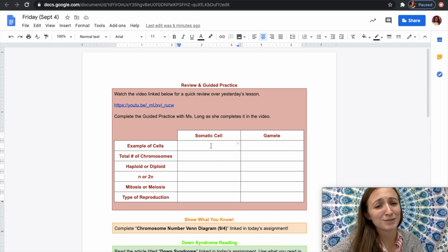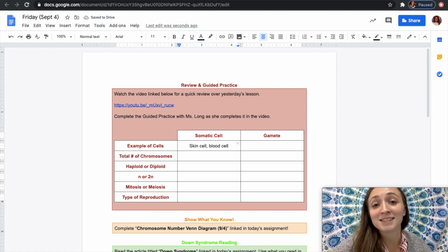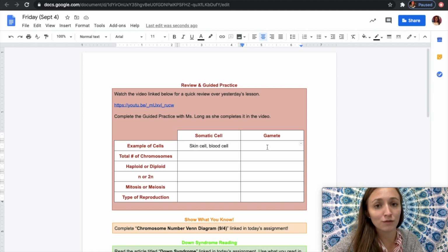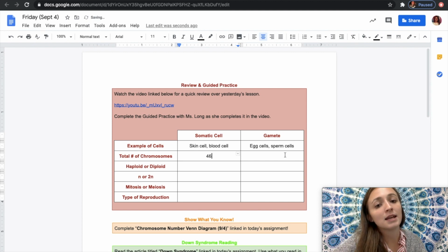For somatic cells, you can say skin cell, blood cell, whatever that's not a sex cell. For gametes, you're pretty limited: egg cells for females and sperm cells. Total number of chromosomes: in a somatic cell that's 46, and in a gamete that's half of 46, which is 23.